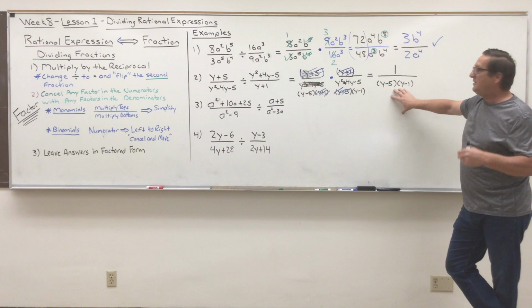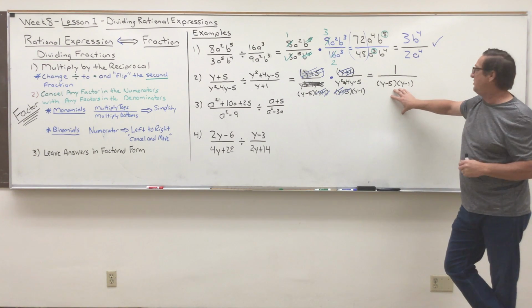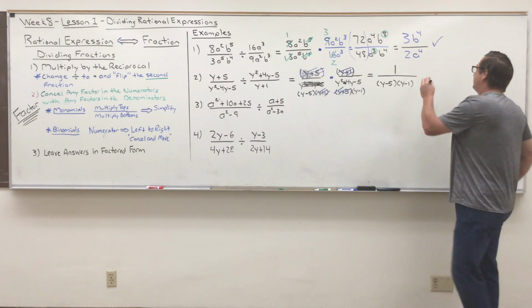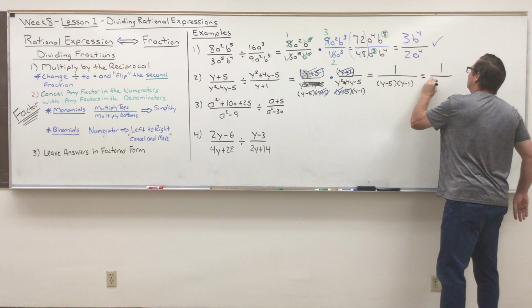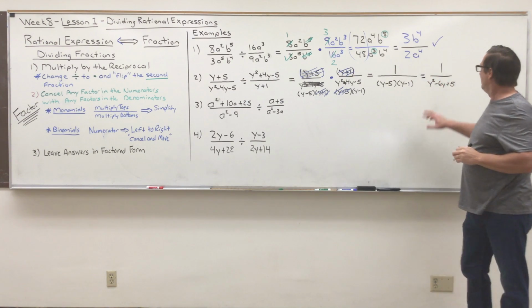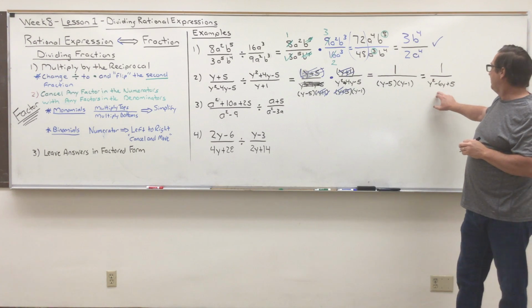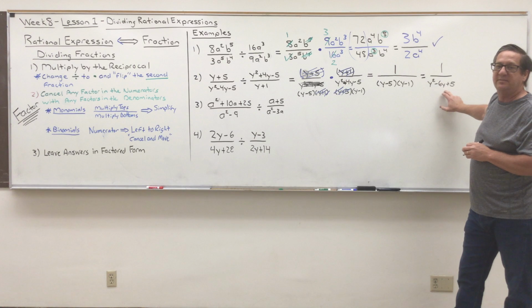Now, you might look at the answers on the internet, or maybe you're doing a problem, and you'll see this as the answer. Well, all they did was take this answer and they went ahead and did FOIL on it.